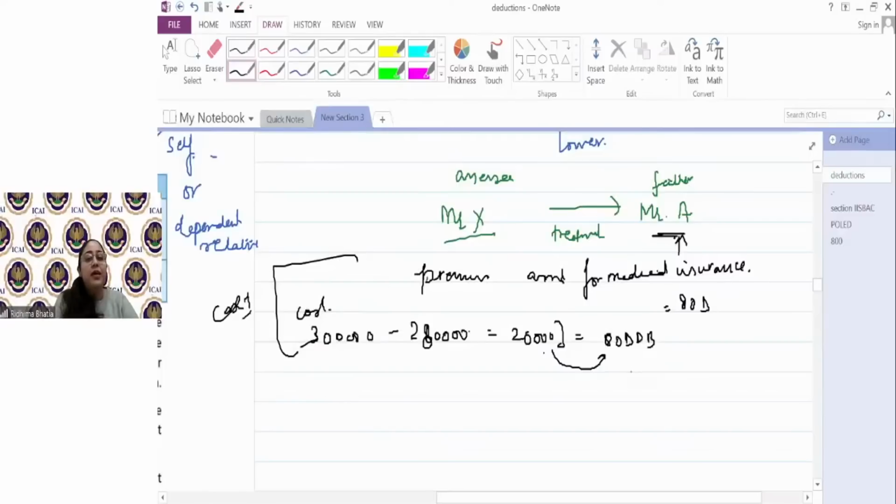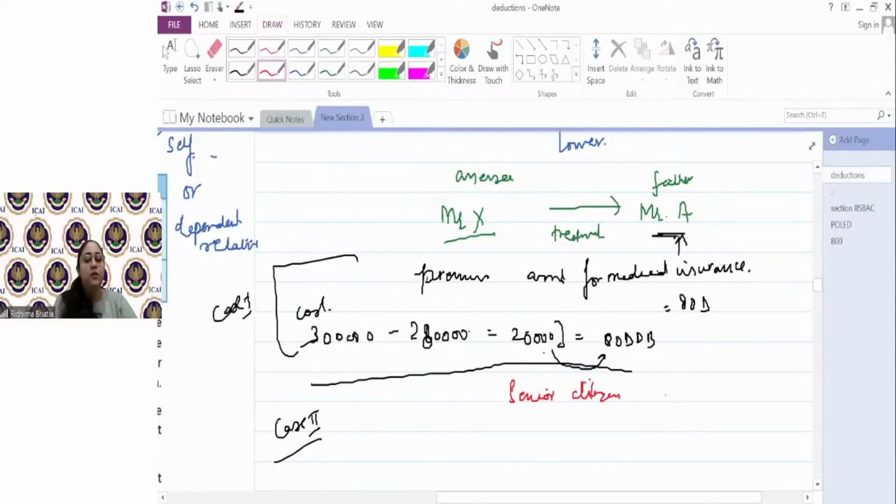Now, the second scenario, guys, case 2, where Mr. A does not have an insurance and he is a senior citizen.